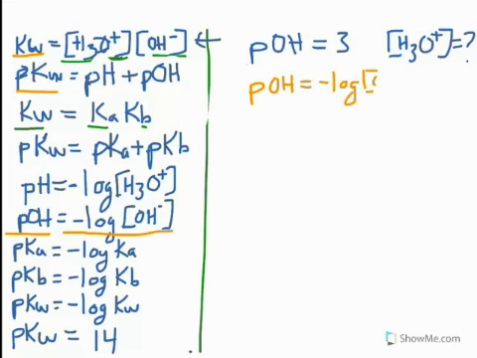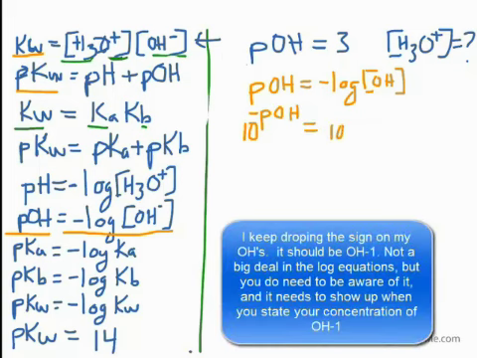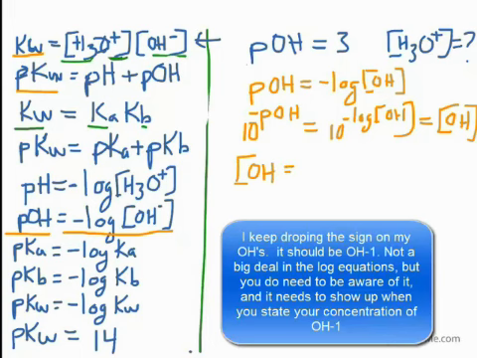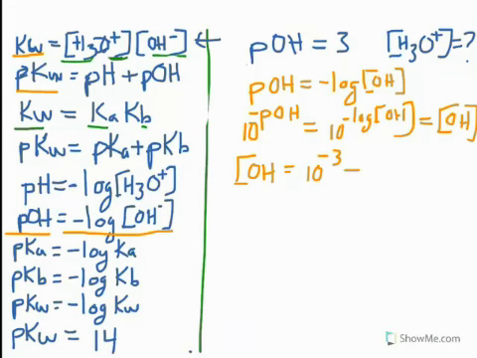Now we have to do the algebra we learned in that previous outcome. 10 to the negative pOH is equal to 10 to the negative log concentration of OH, which is equal to the concentration of OH. So the concentration of OH is equal to 10 to the negative pOH, which is 10 to the negative 3, so that becomes 1 times 10 to the negative third.